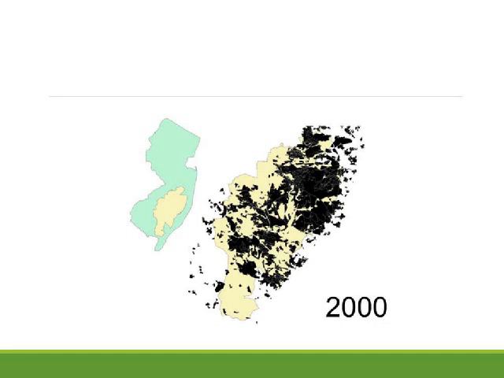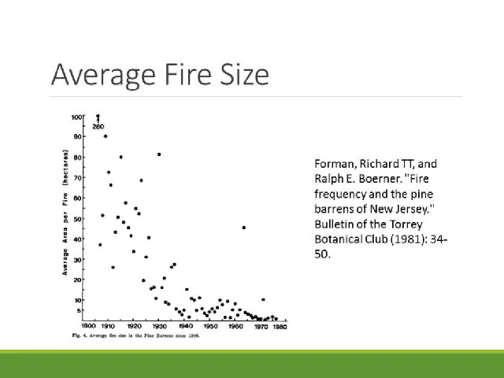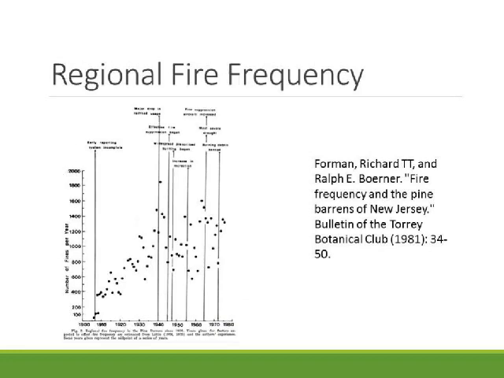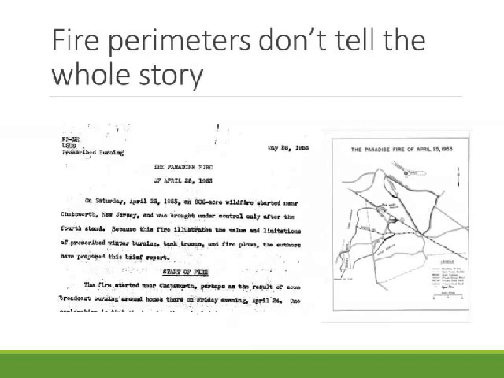Inga actually mapped quite a lot of these perimeters for her dissertation, and we can learn a lot about the fire occurrences here, how often a large fire occurs, how many acres a year burn. We can learn about the fire size and how much area was burned through time, how frequent fires occurred. But what we miss is what was happening inside those perimeters.